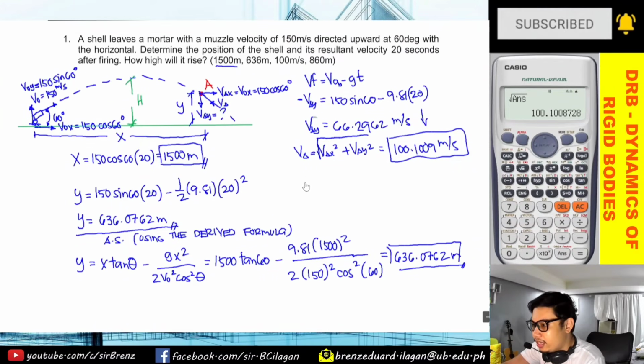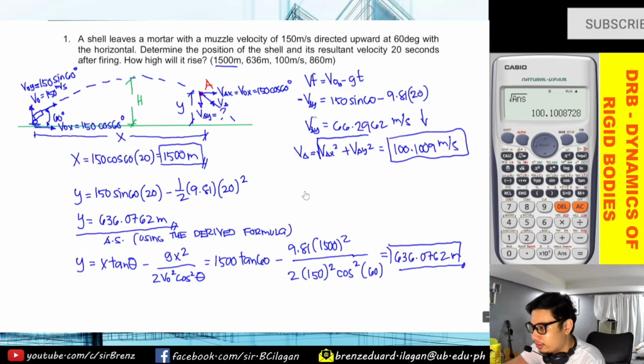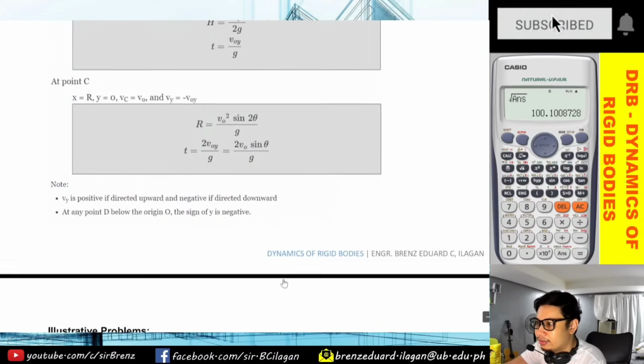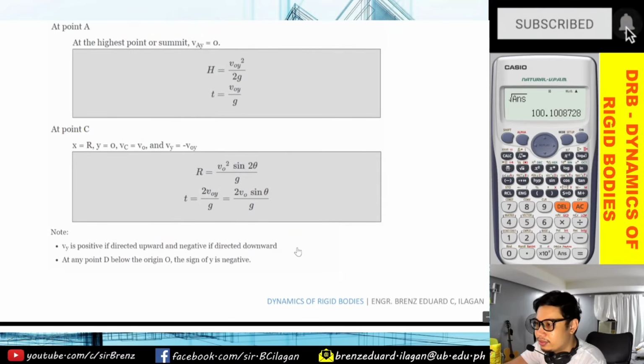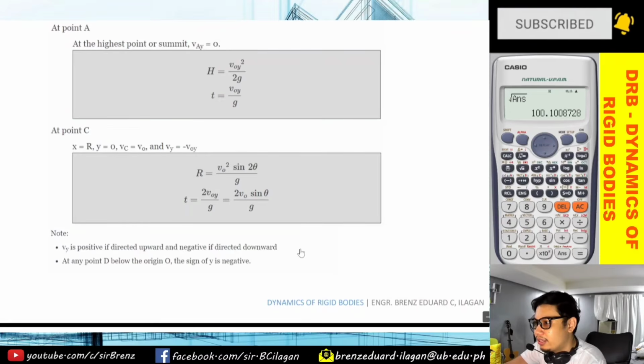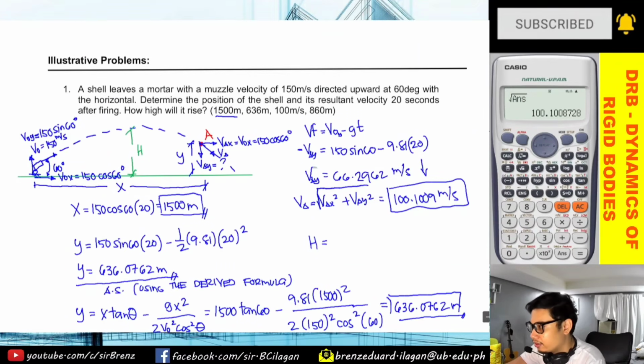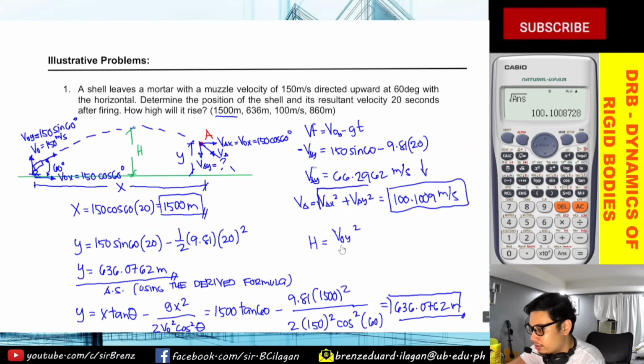So yung H niya, ano nga yung derived formula natin for maximum height? So, silip tayo sa notes kasi nga ang alam ko ay yung mano-mano. So, VOY squared over 2G. VOY squared all over 2G.